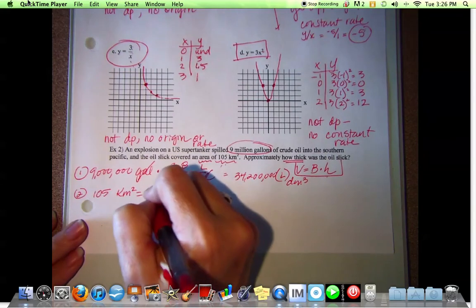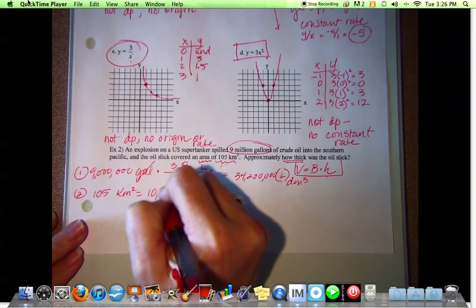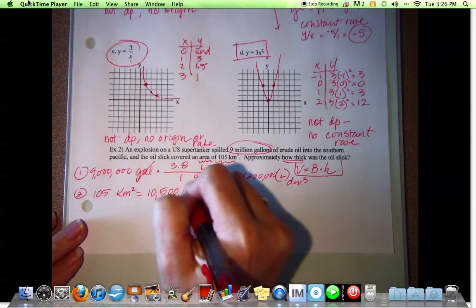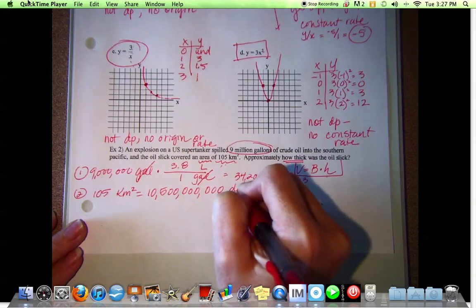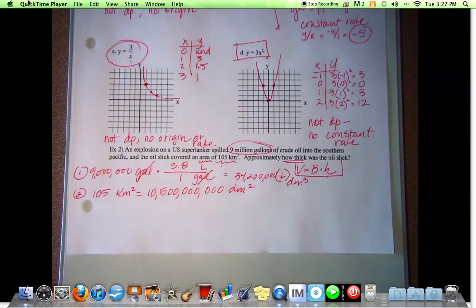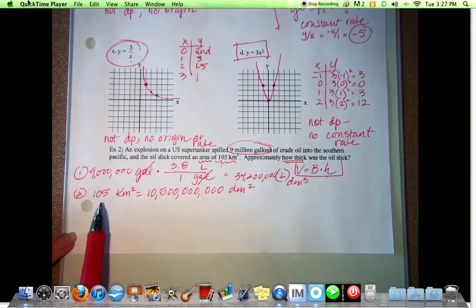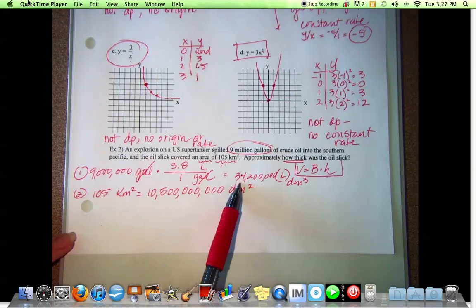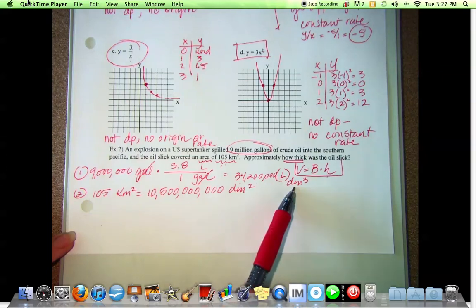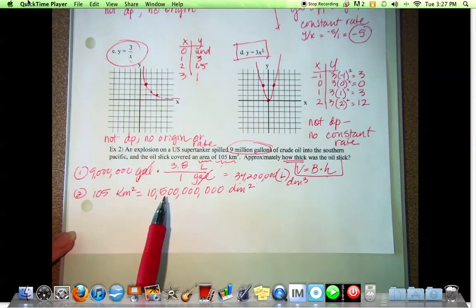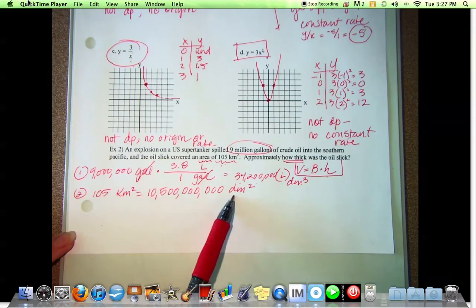So that means we're gonna add on 8 zeros. 1, 2, 3, 4, 5, 6, 7, 8 decimeters squared. So we have 34,200,000 liters, or decimeters cubed, 10 billion, 500 million decimeters squared.